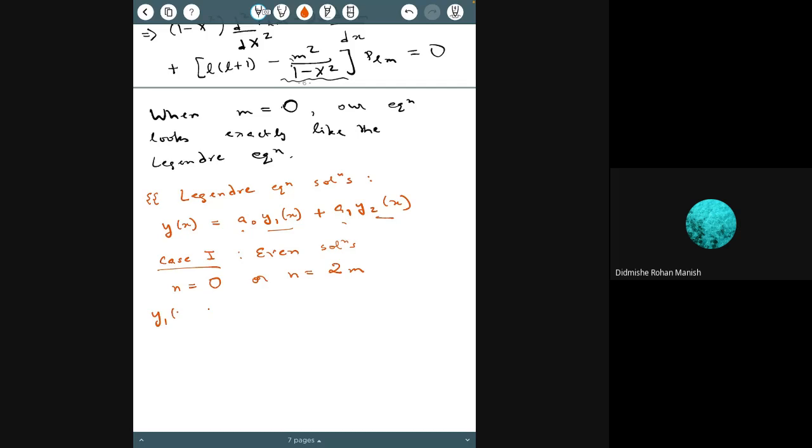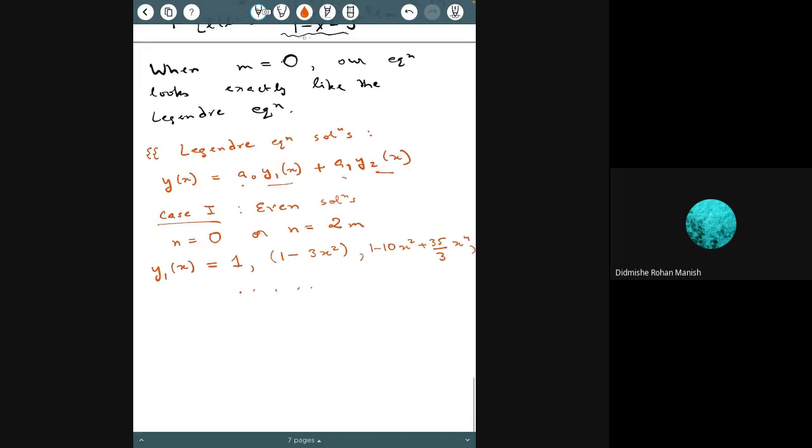Then y1(x) is equal to 1 minus 3x squared, 1 minus 10x squared plus 35 by 3 x to the power 4, and so on. So these functions are known, the solutions.